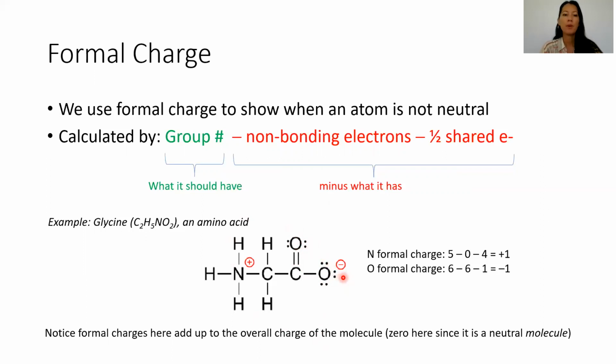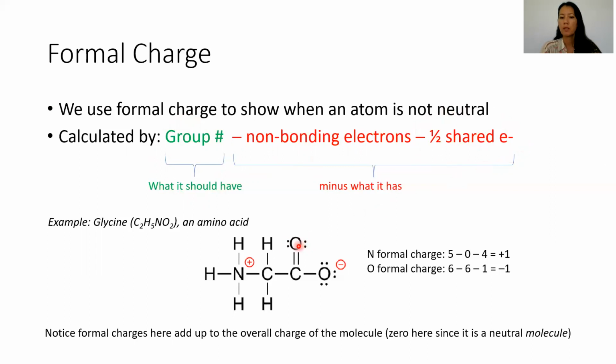How do you know the number? You can use this formula. The group number off the periodic table for oxygen is 6. This is what it should have, minus what it actually has. So minus the number of non-bonding electrons, so count the individual electrons in the lone pairs, minus half of the shared electrons, which is essentially minus the number of bonds it has. So let's look at this top one here.